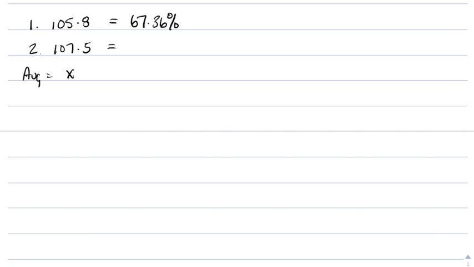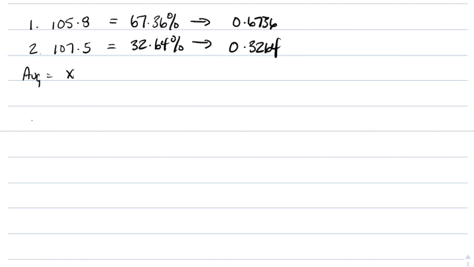And so we would take 100% minus 67.36, and we get a value of 32.64%. Now, we can't use percentages. We have to convert these to decimals. The decimal value of this is this number. The decimal value of 32% is this number.